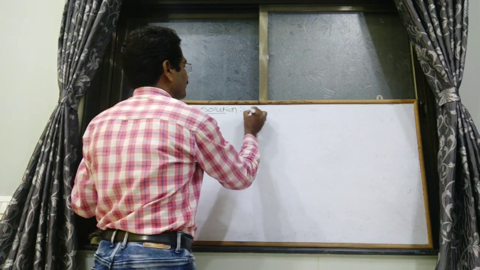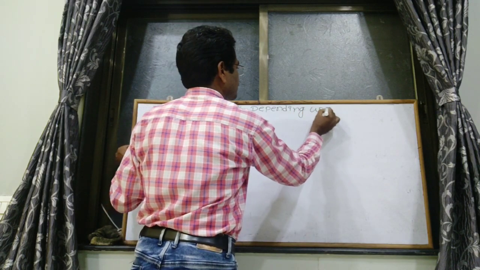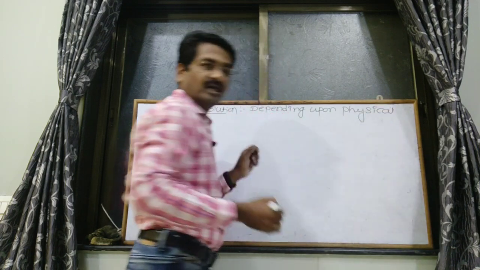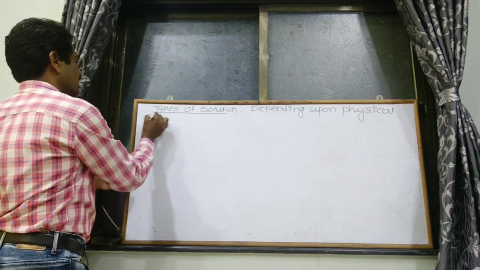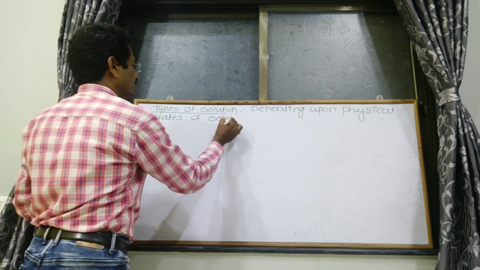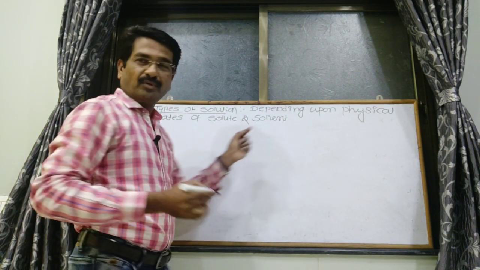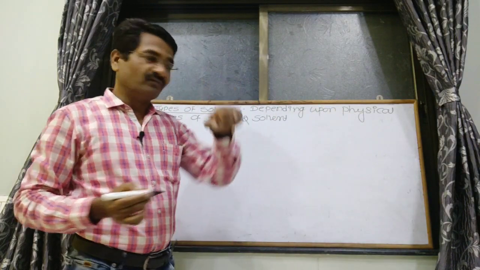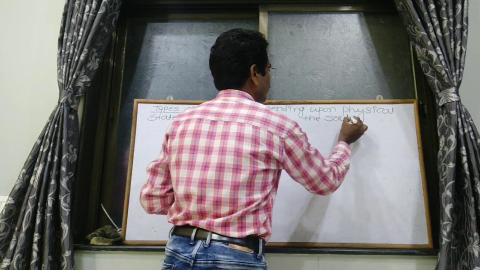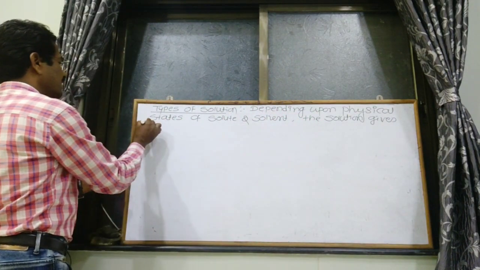Depending upon the physical states of solute and solvent, the solution gives 9 types.